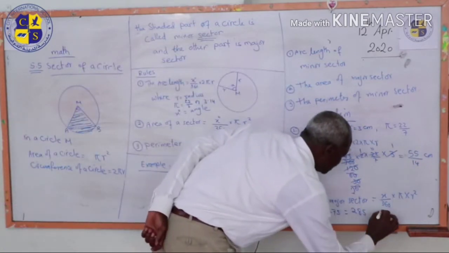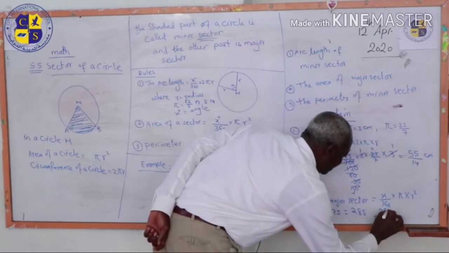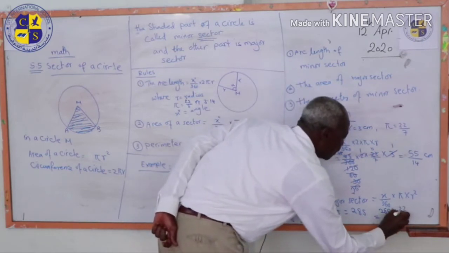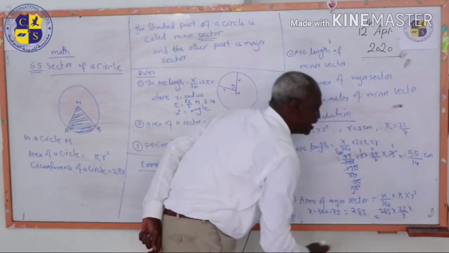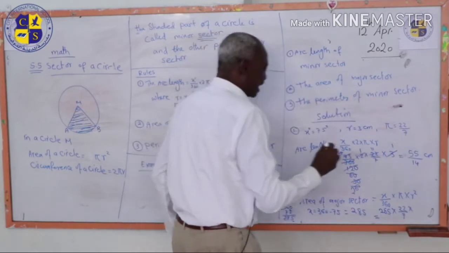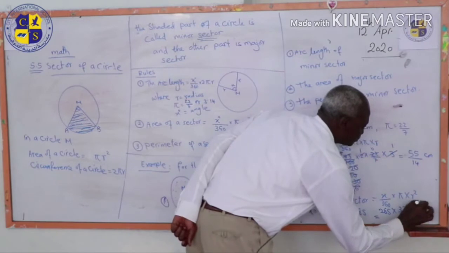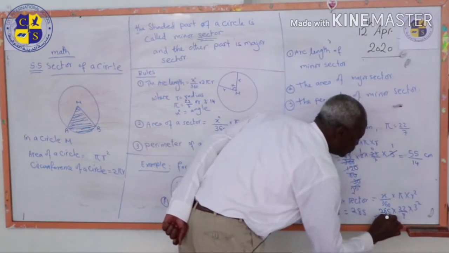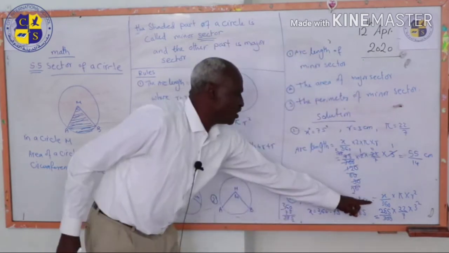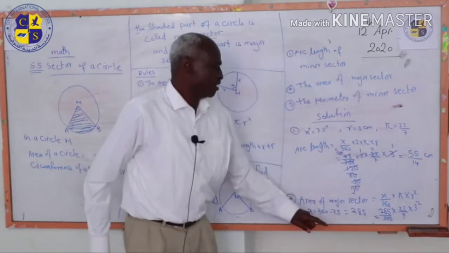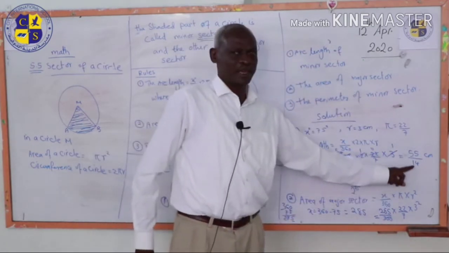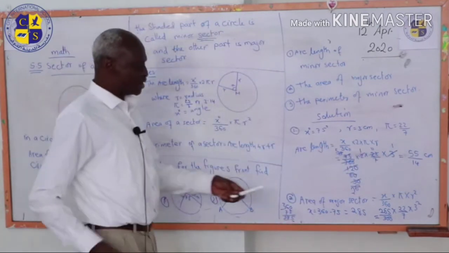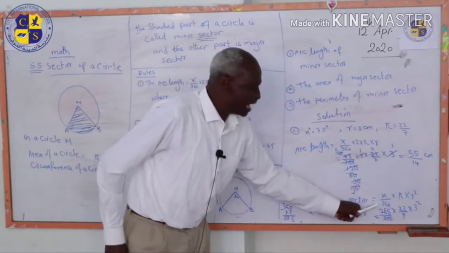Apply the rule. The area is 285 multiplied by pi, which is 22 over 7, multiplied by r. What is r? It is 3 square. All divided by 360. The rule is x over 360 multiplied by pi multiplied by r square. So try at home to cancel after reducing.